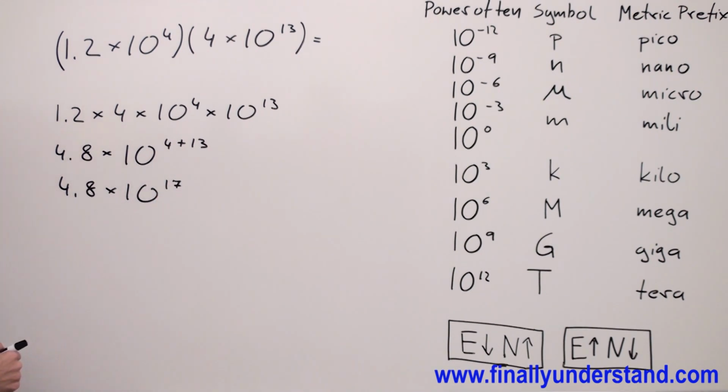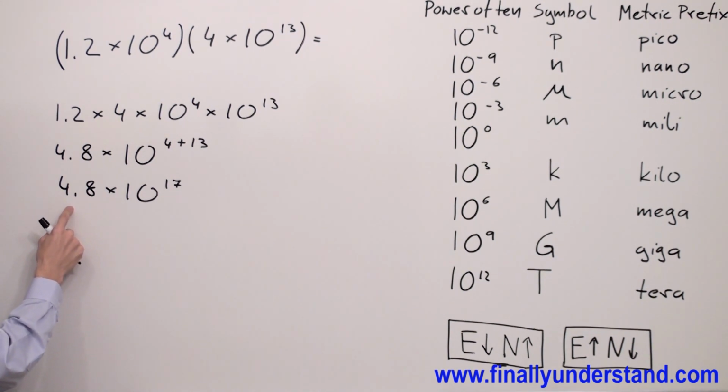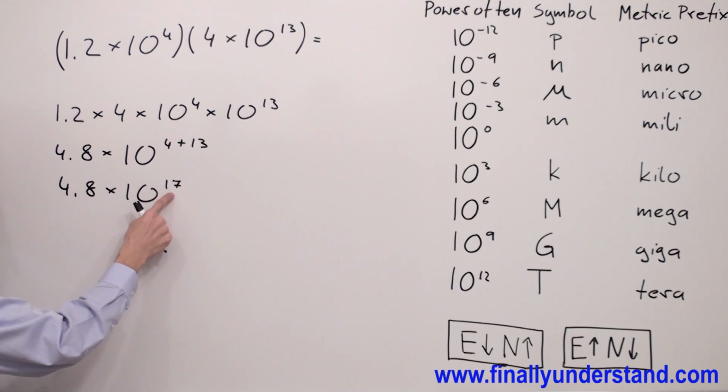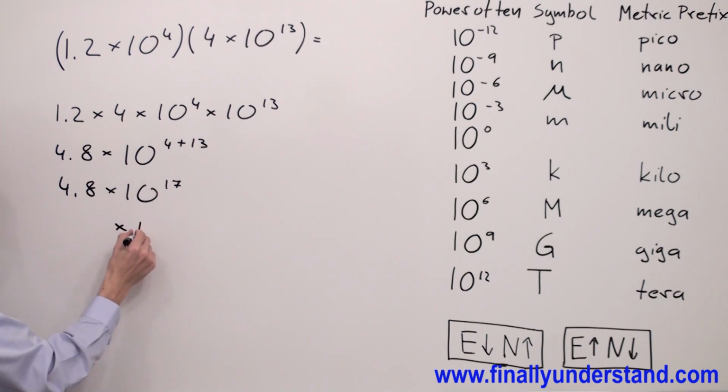17. Now, the number on the left side of the decimal point is between 1 and 999, but the exponent is not a multiple of 3. Okay, I have to change this exponent to 15. Why to 15?